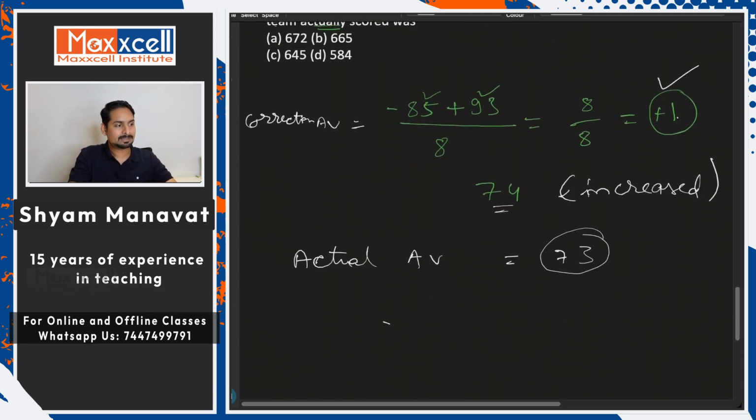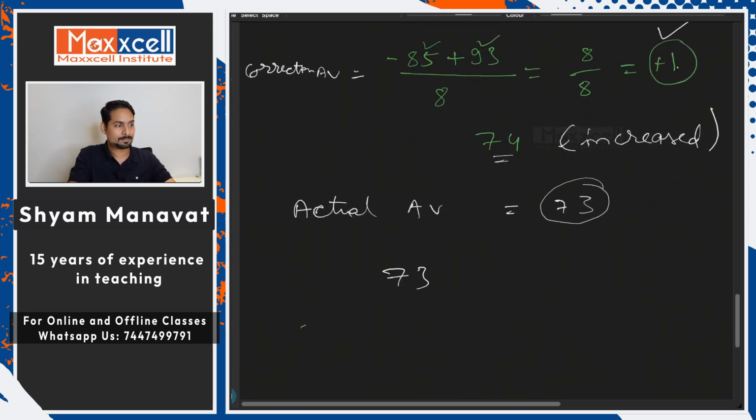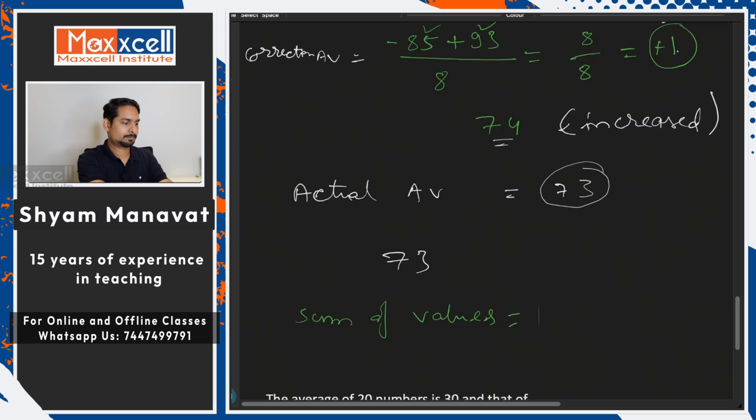This 73 is the average of how many numbers? 8 people, right? The question said find the total number of points, the sum of values. So that should be 73 multiplied by 8.